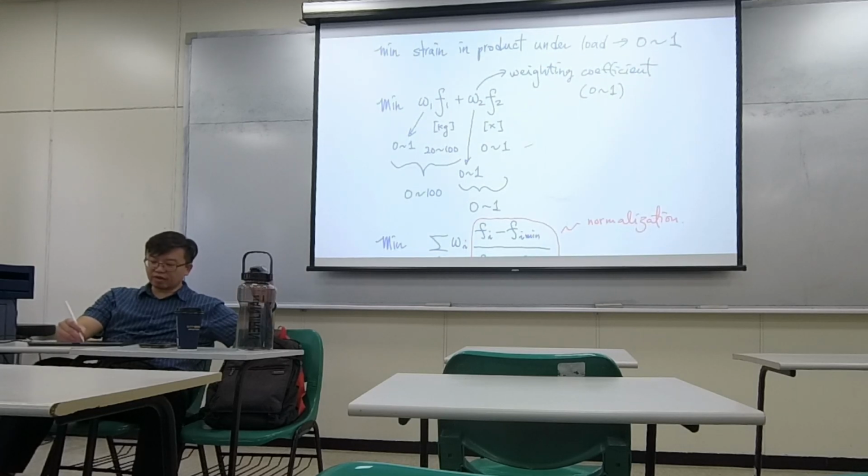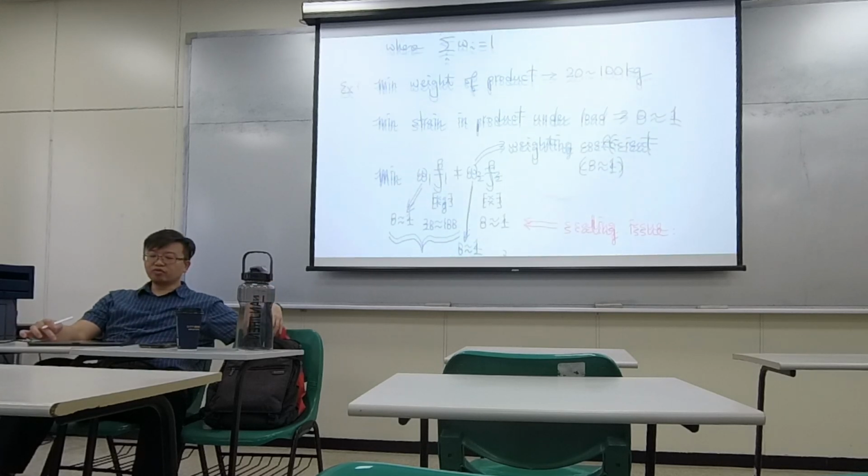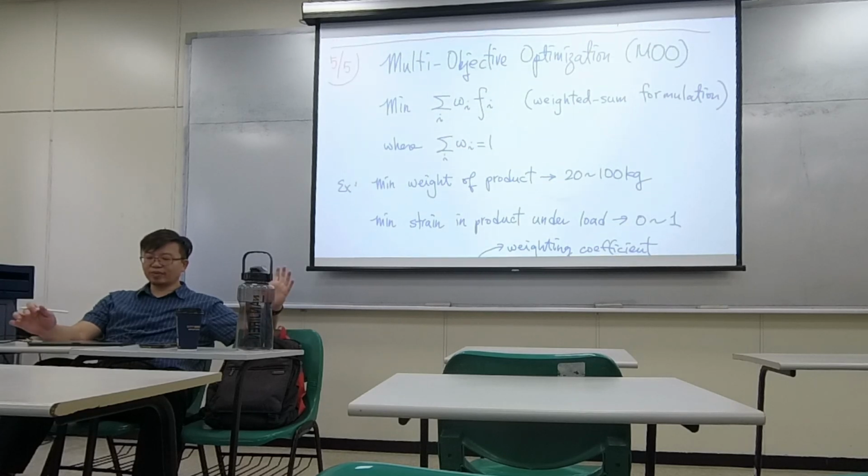Here is an example of a scaling issue. So when you are dealing with multi-objective optimization, weighted sum is one way to go.